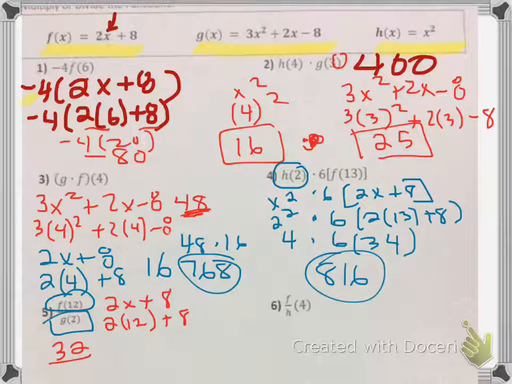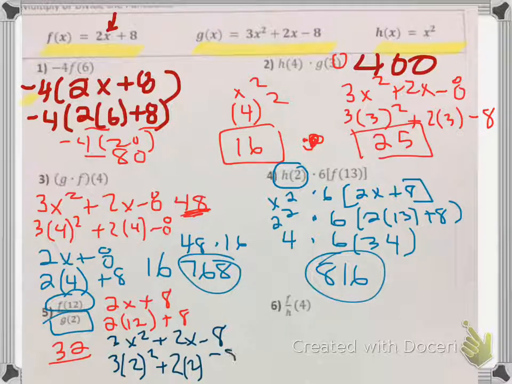And now I've got to substitute in 2 into the g function. The g function is that big long one, that 3x squared plus 2x minus 8. And every time I see an x, I'm going to put in a 2. So 3 times 2 squared plus 2 times 2 minus 8. And I'm going to put that in my calculator.